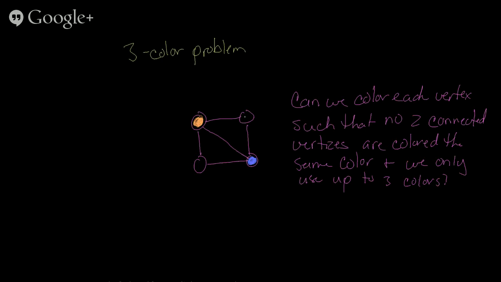Okay, if we use green, let's color green here. Now we know that this one can't be green, which is fine because it's orange. And this one can't be green, which is fine because it's blue. But this one's not connected to this one, and so this one can also be green.